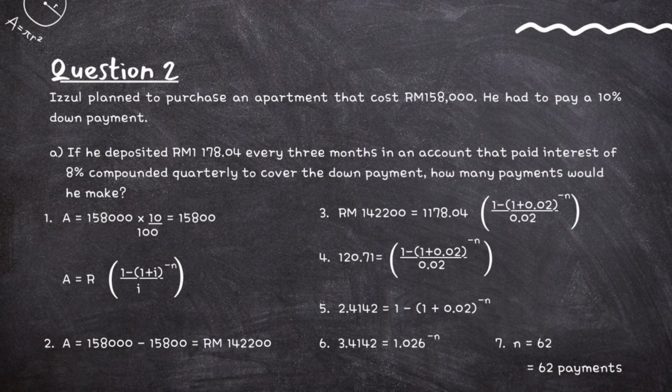For the third step, we will use A equals R times (1 minus (1 plus i)^(-n)) divided by i to calculate the number of payments he had made.